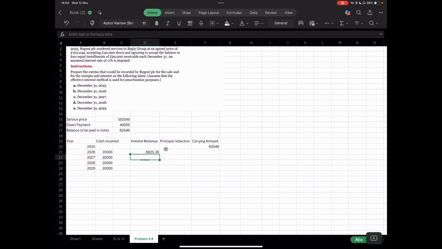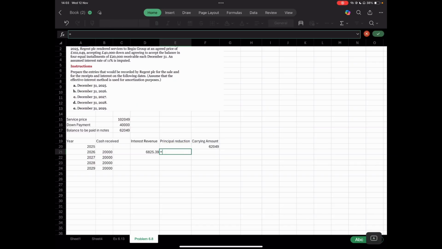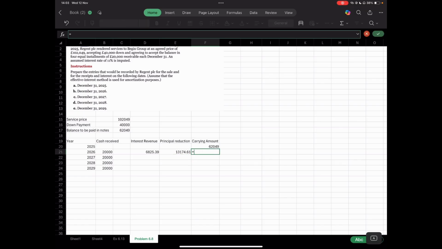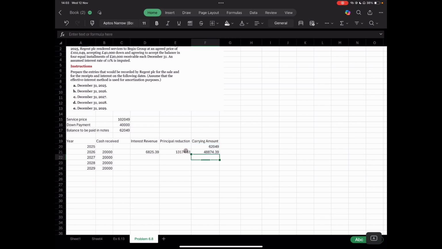To find principal reduction, we deduct 6,825.39 from 20,000. And to find carrying amount, we deduct from 62,049 our principal reduction. Here we have it. Now we do the same thing with the whole table.